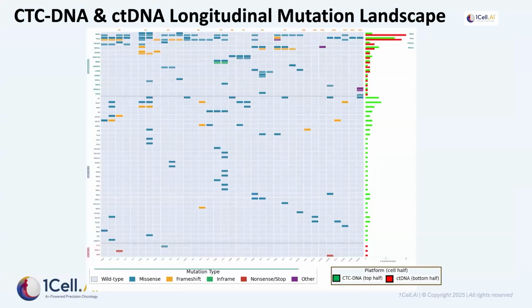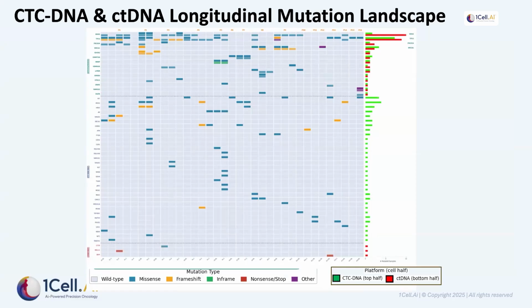So this slide shows the longitudinal CTC DNA and ctDNA longitudinal mutational landscape. And I'm going to go into more detail in a moment. But if you go to the right side, this is patient by patient.